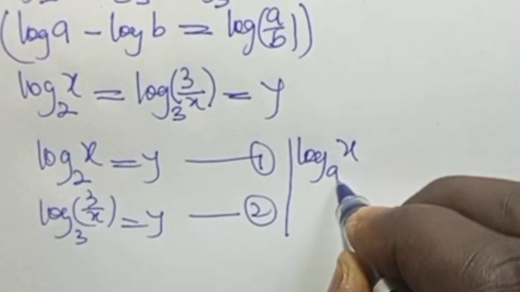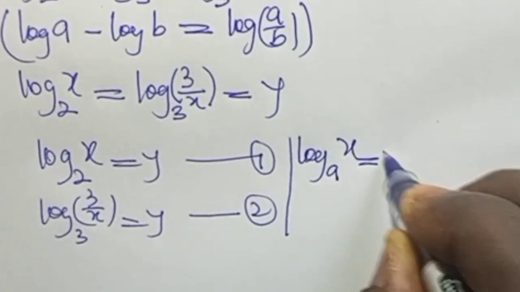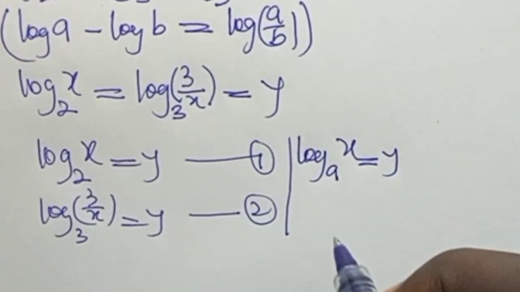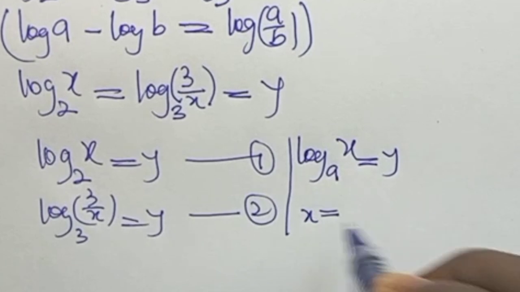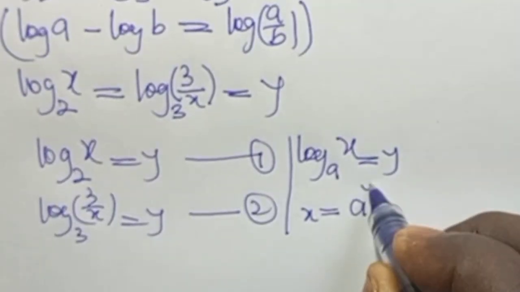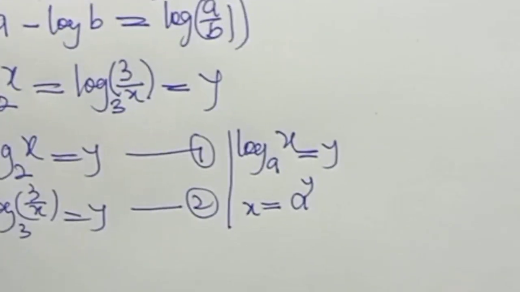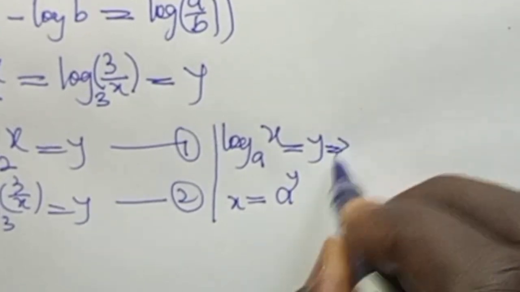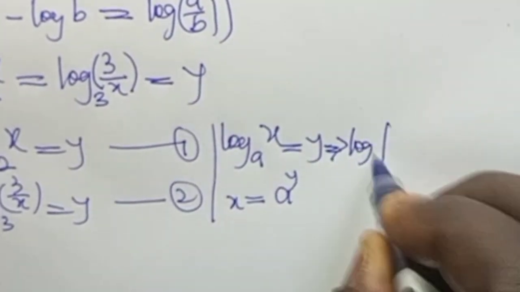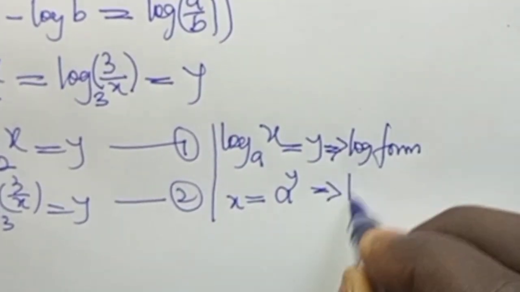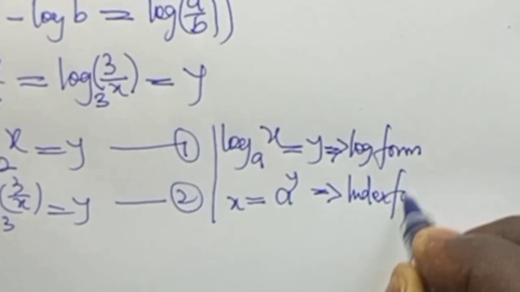Log x to base a equals to y can be transformed to x equals to a raised to power y. This is in the log form and this is the index form.